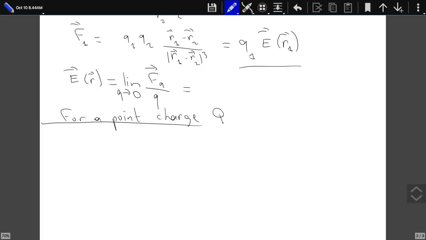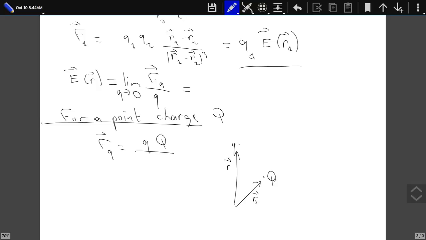To calculate the electric field, we put a very small test charge, small q, at some other point. This is our charge Q, and here we put our test charge, small q. This is at the point R0, and this is at the point R. We are looking for the electric field at the point R.